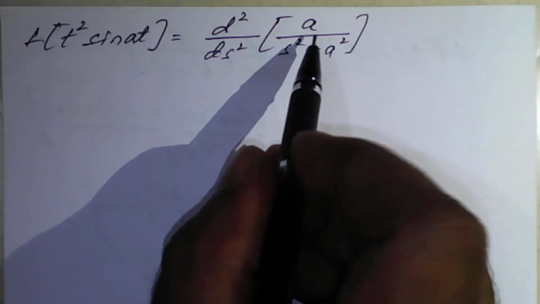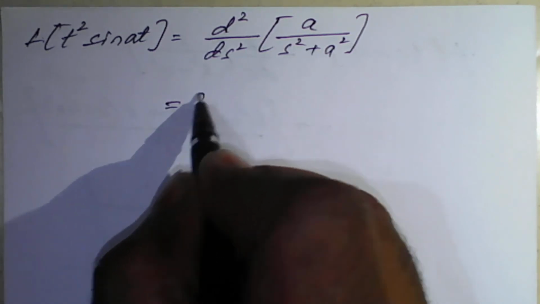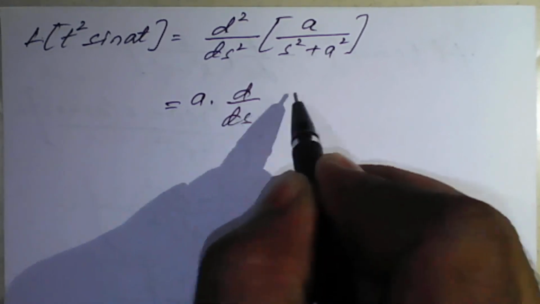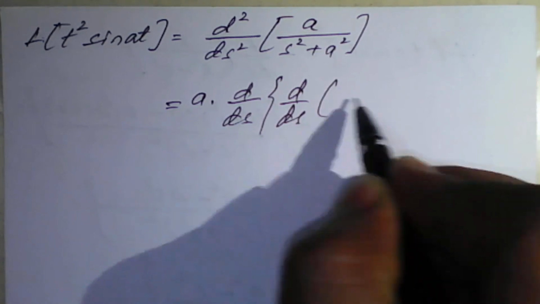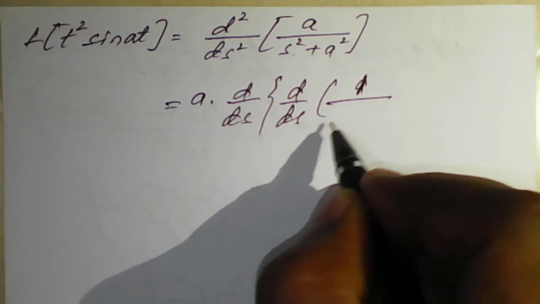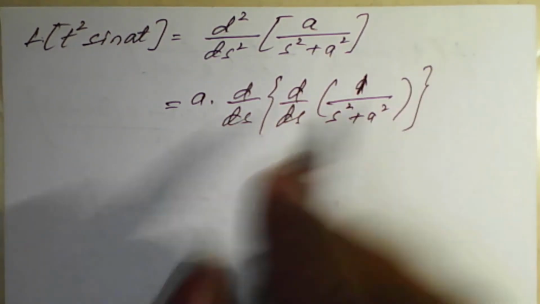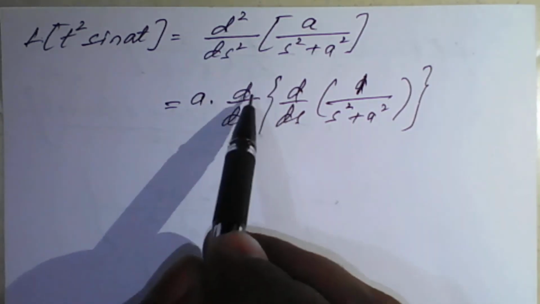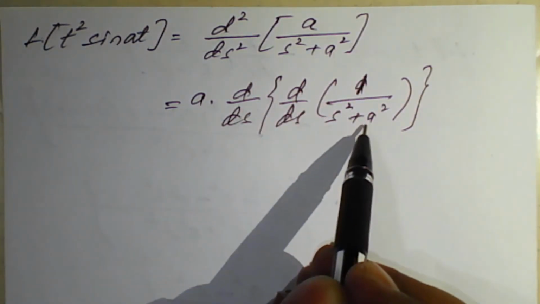So we got this. We know that here a is a constant, so I'll keep it outside: a into d by ds of 1 divided by s square plus a square. Because I have kept this a outside, d square upon ds square, I'll write d by ds into d by ds of this 1 upon s square plus a square.